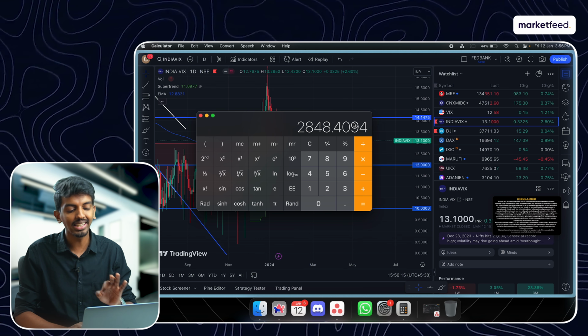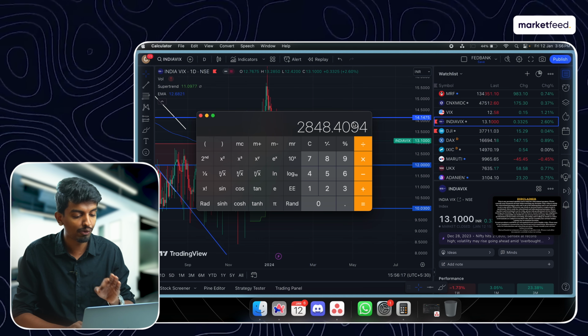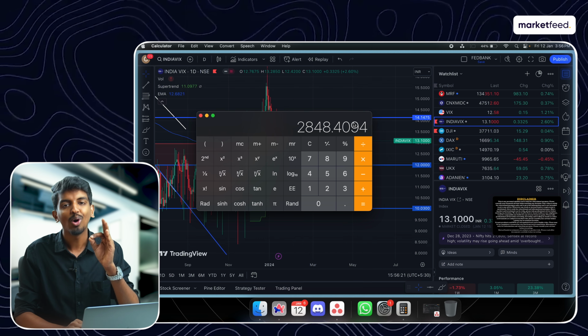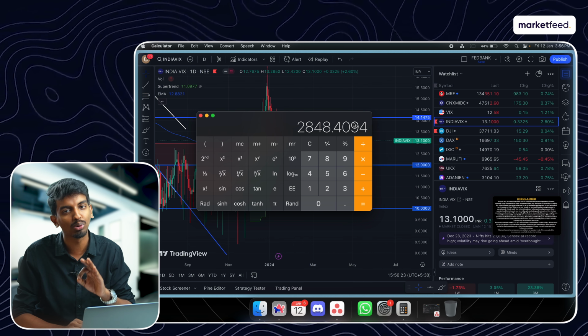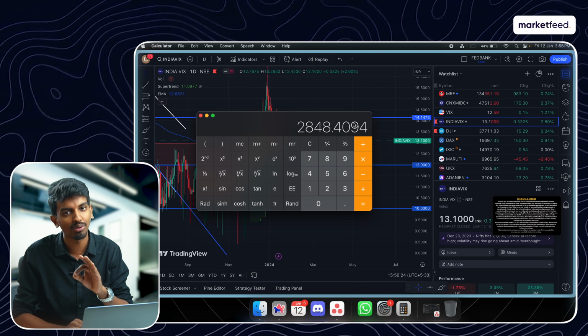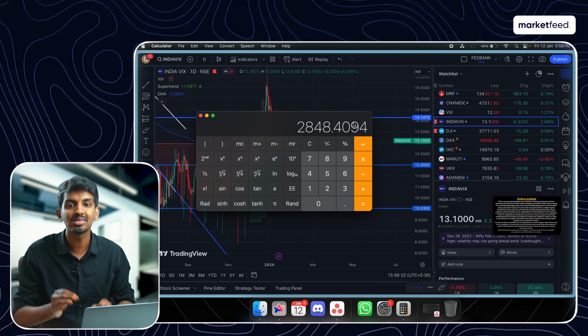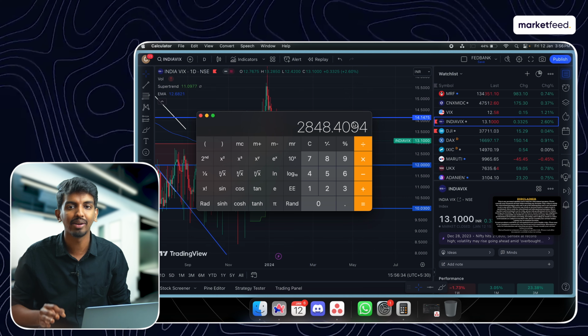So we can see that Nifty 50 has a possibility of moving 13% up or 13% down over the course of the next 12 months, and therefore it is predicted to have a move of plus 2,848 points or minus 2,848 points.